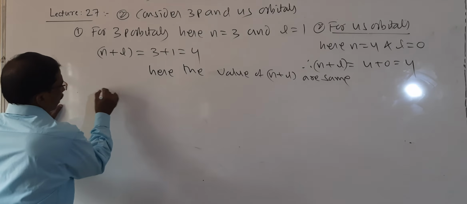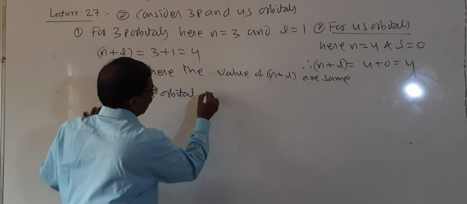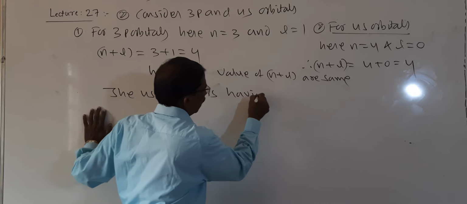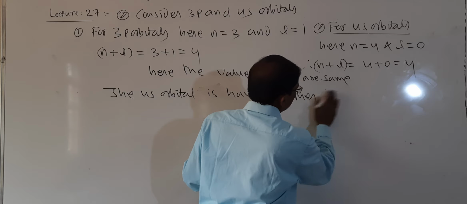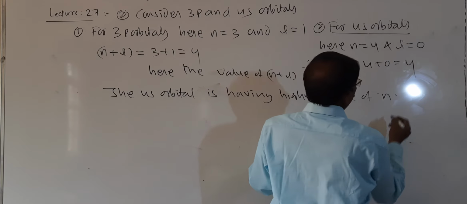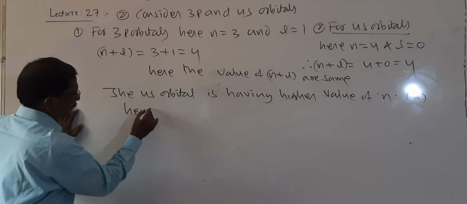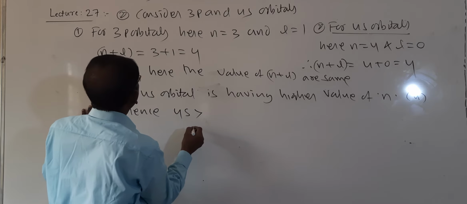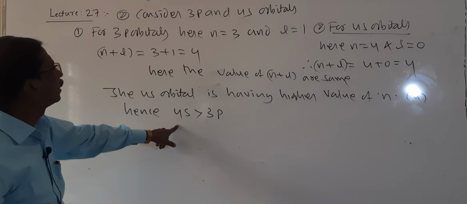So, here the 4s orbital is having higher value of n, that is 4. Hence 4s is greater than 3p.